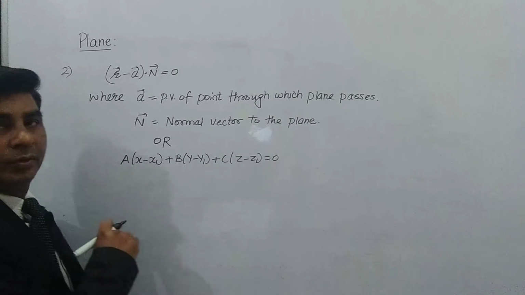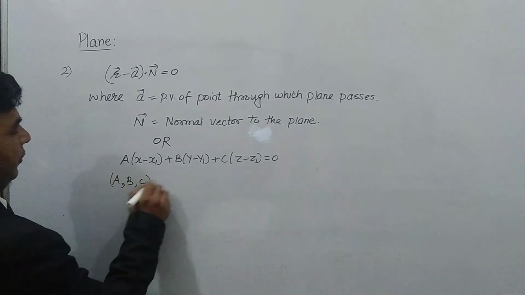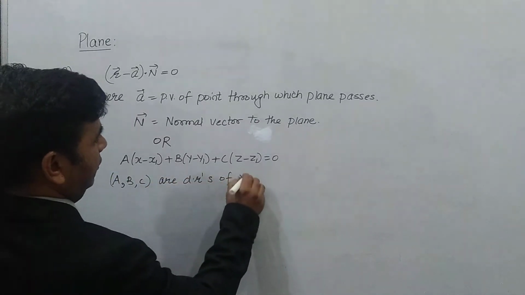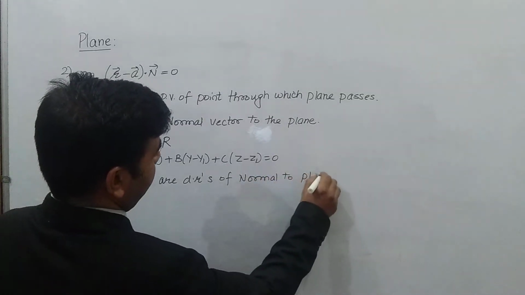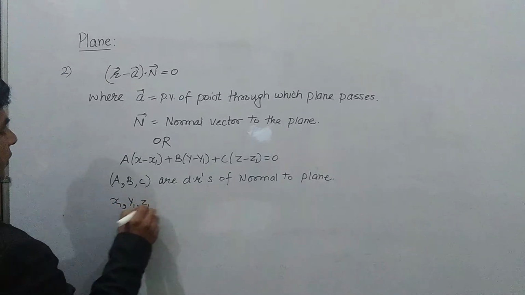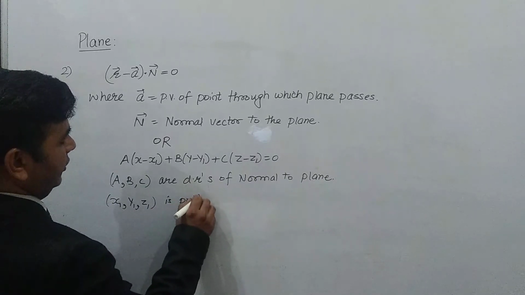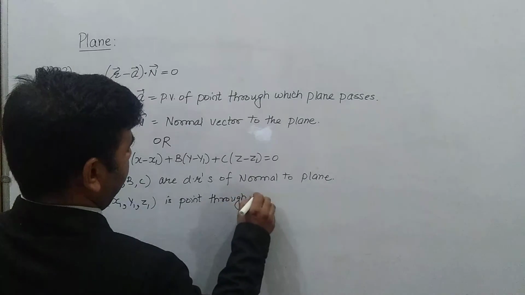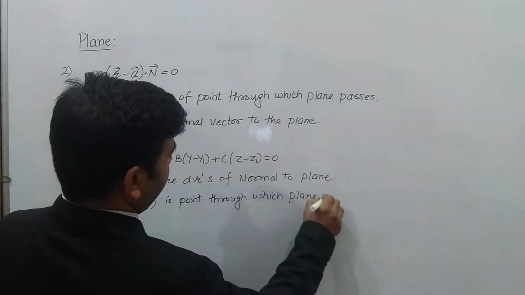This is the Cartesian form, where a, b, c are your direction ratios of normal to the plane, and x1 comma y1 comma z1 is the point through which plane passes.